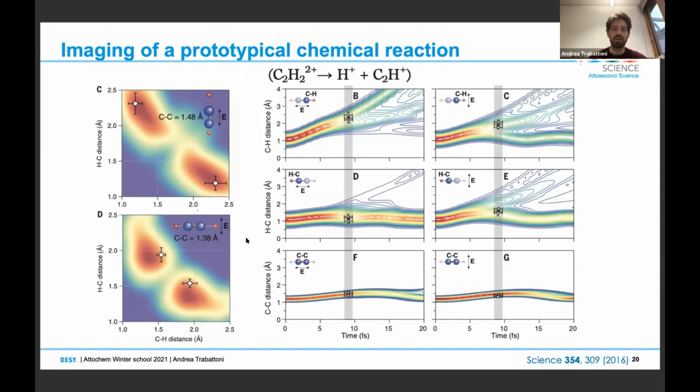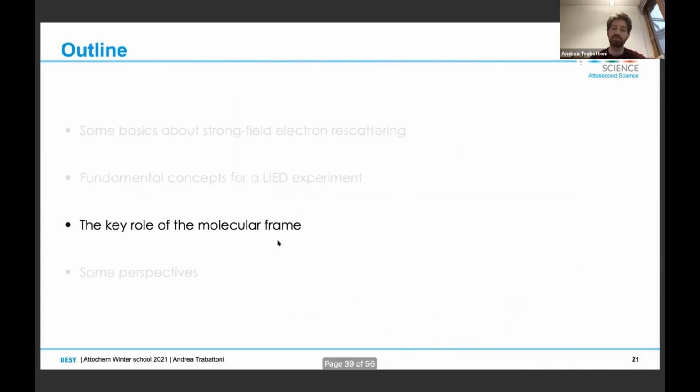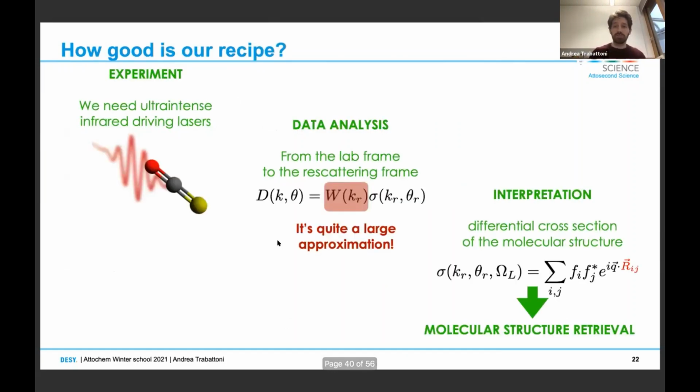Good. This was an important result published in Science in 2016. But now I would like to focus on the key role of the molecular frame. To understand what I mean, we can go back to our recipe.